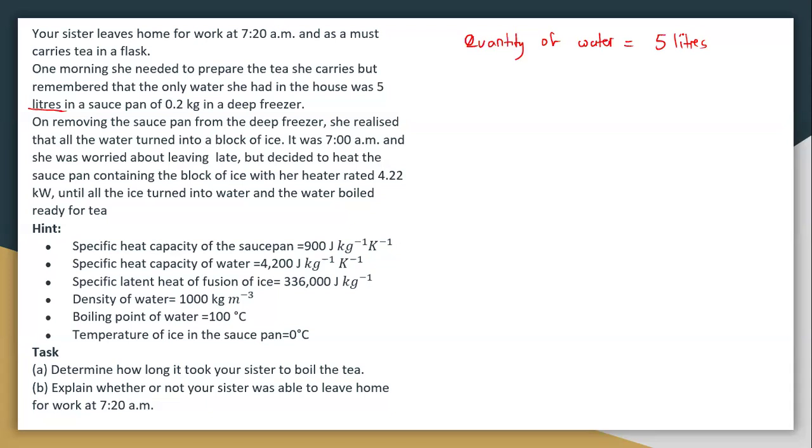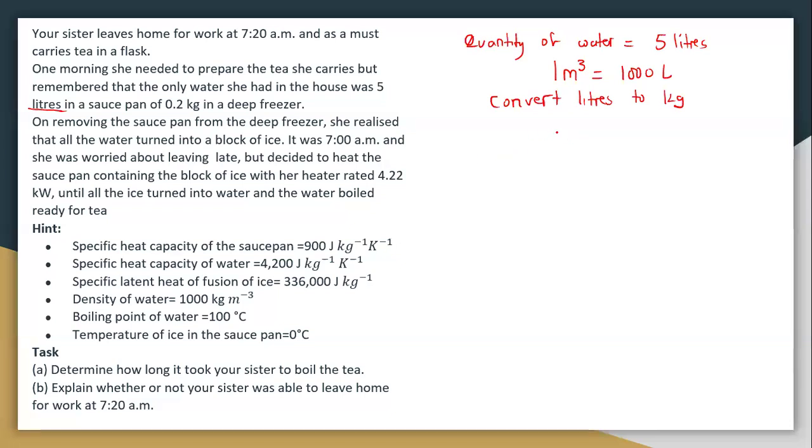Now, what do you need to know? You need to remember that 1 meter cubed is equivalent to 1,000 liters. Now, we have to convert the liters to kilograms, because for any calculation we are making, it must be in standard units.